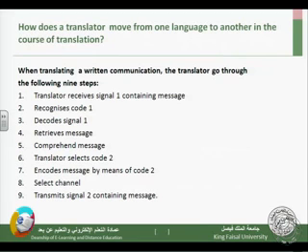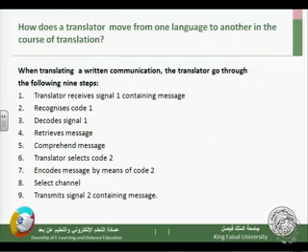Then what he needs to do, he needs to encode the message by means of code 2. He has to make the message in code 2. In other words, he has to do it in English. Now, to select the channel, is it spoken or written? Now then, what happens?